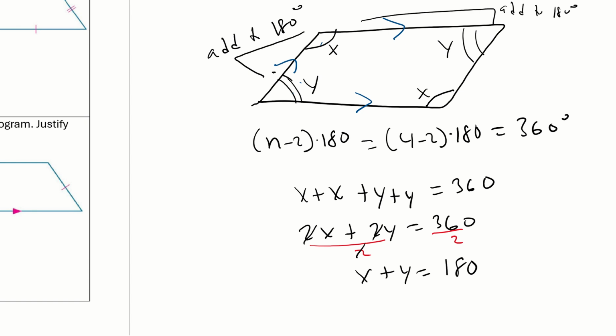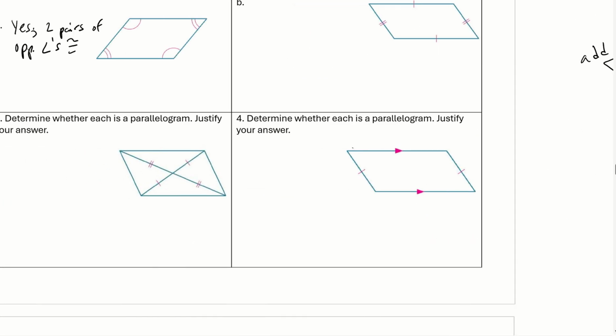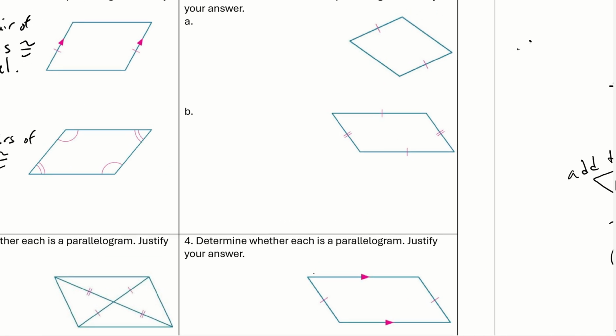And then this side must be parallel to this side, because these two on top add up to 180, and that's the consecutive interior angles. And therefore we've proven that we have two pairs of opposite sides that are parallel, and therefore it has to be a parallelogram. Okay, so there's the more rigorous proof of that.